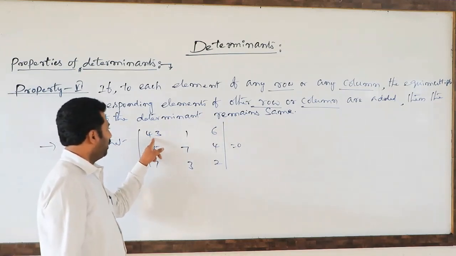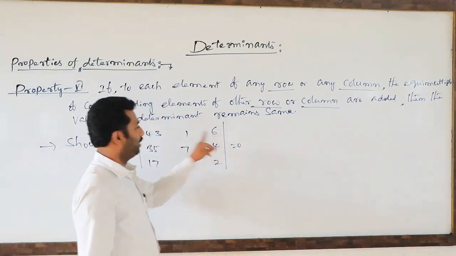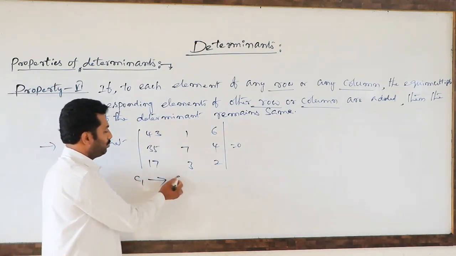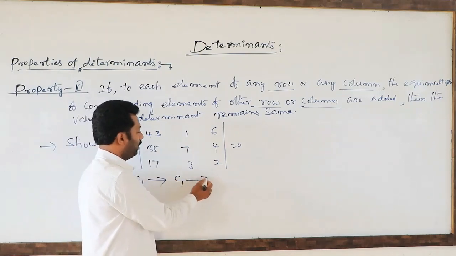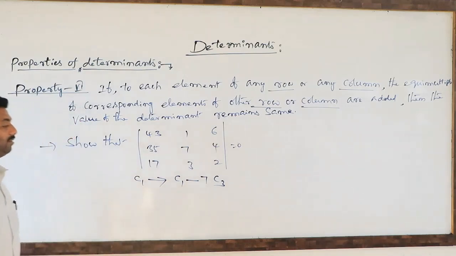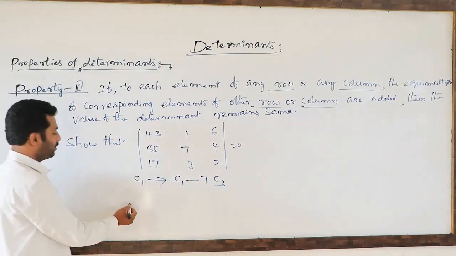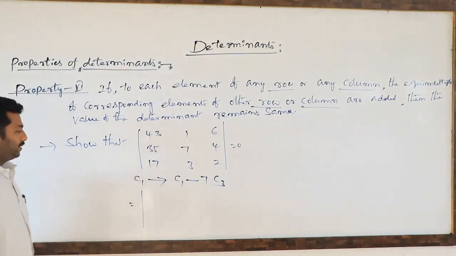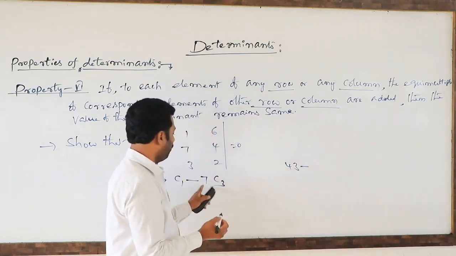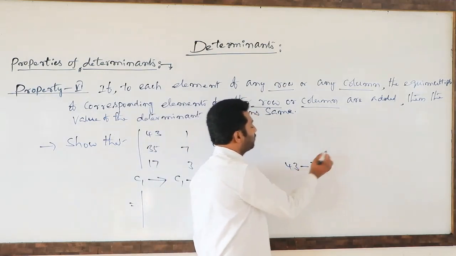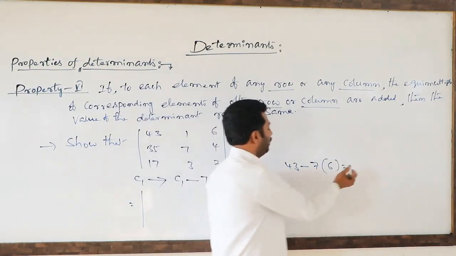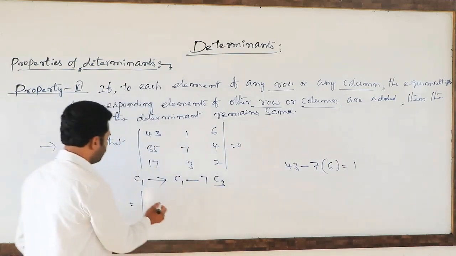Here, this is 43, this is 6. C1 changes to C1 minus 7 times C3. Why this operation? I will tell you. The first element of C1 is 43, minus 7 times the corresponding C3 element, 6, which is 1.